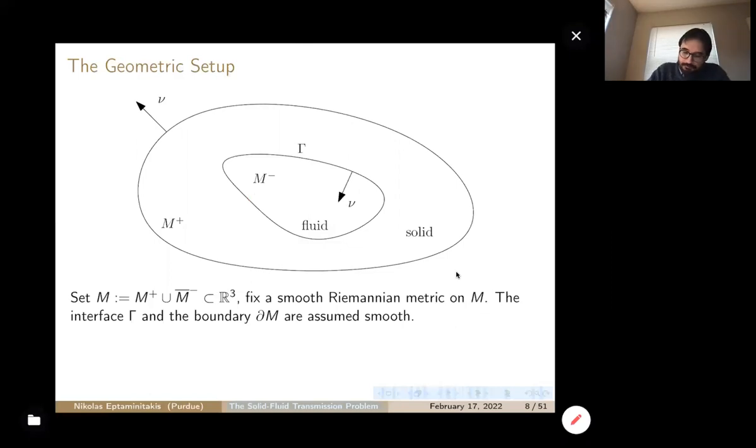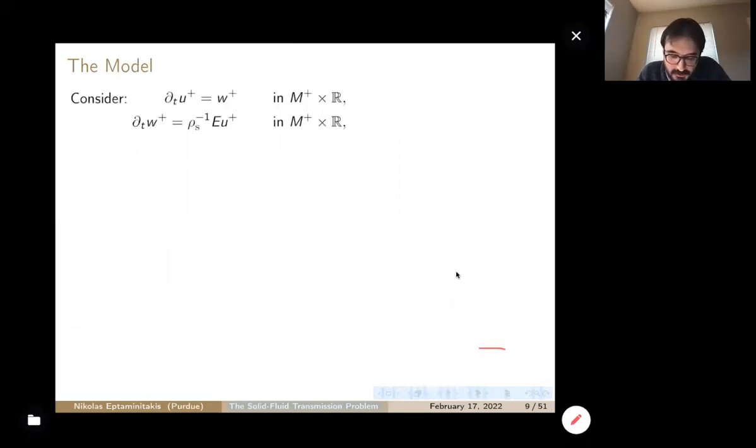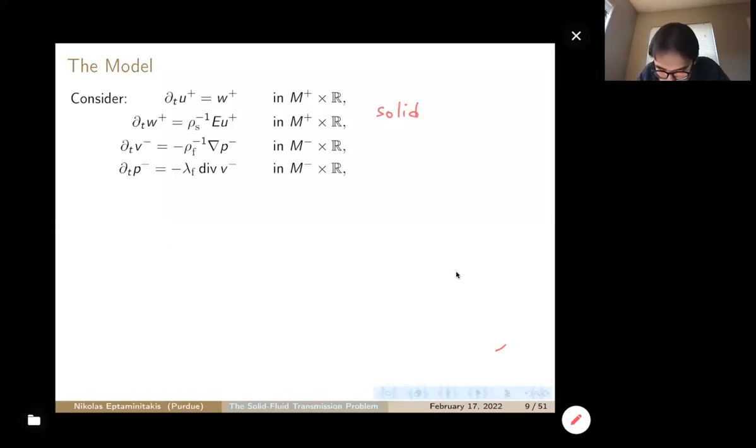Okay, so now, as we said, we're going to have our solid, in which we are doing the usual thing of breaking the hyperbolic equation for the displacement into a first order system. This is the solid case, and in the fluid we are going to have the equations we mentioned just before.